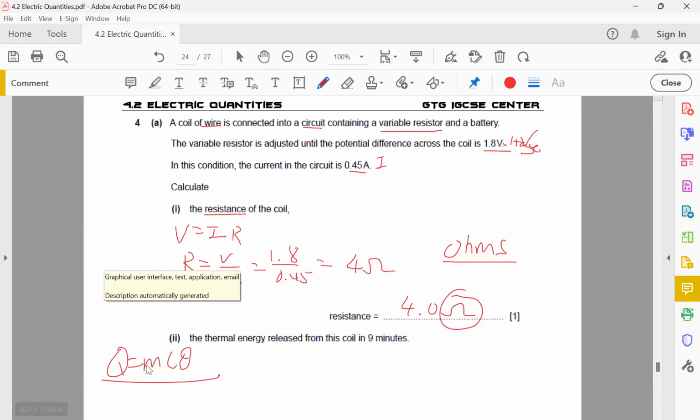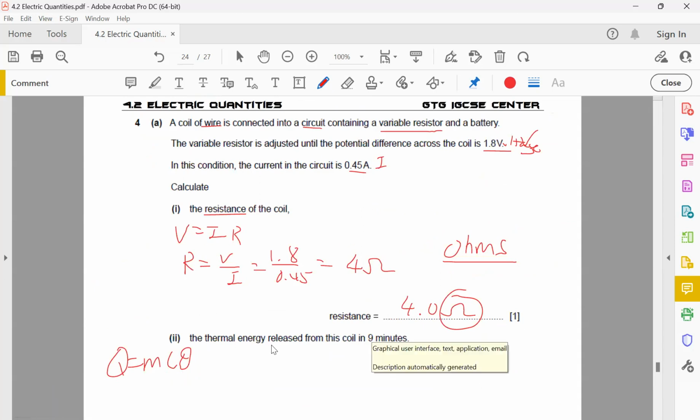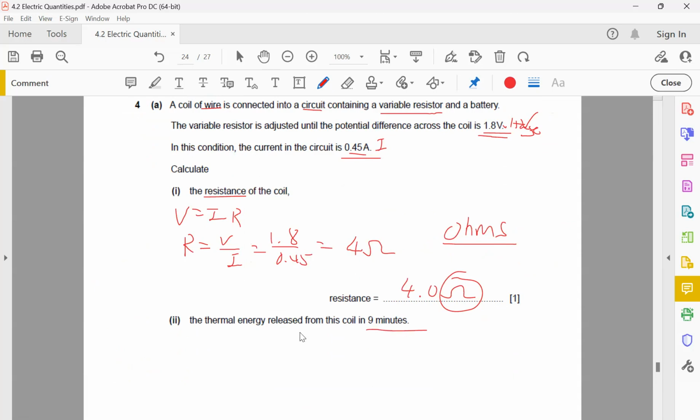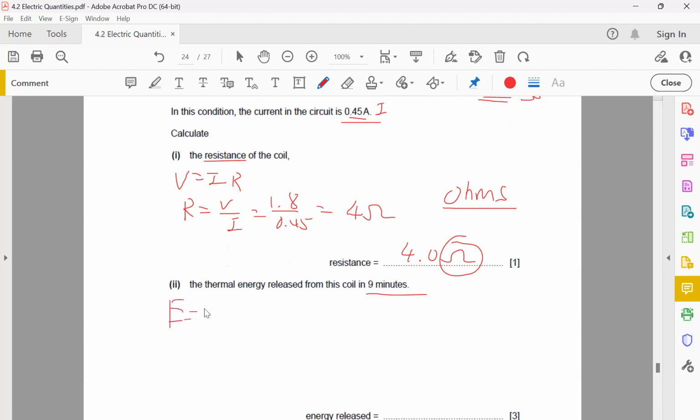Because you don't even have the information here. You don't have mass, nor specific heat capacity, nor change in temperature. However, the information you have here is the same as before. You still have voltage, you still have current, but right now you have time. And the only formula that relates voltage, current, and time is essentially the E equals VIT formula, right?